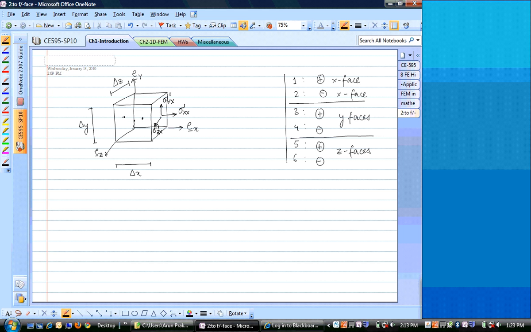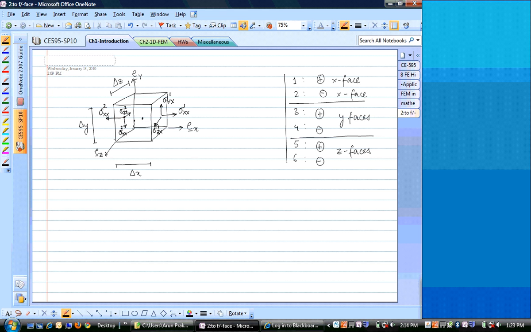On the negative side, we have sigma xx on face 2 pointing in the negative x direction, sigma yx in the negative direction, and sigma zx in the negative direction.